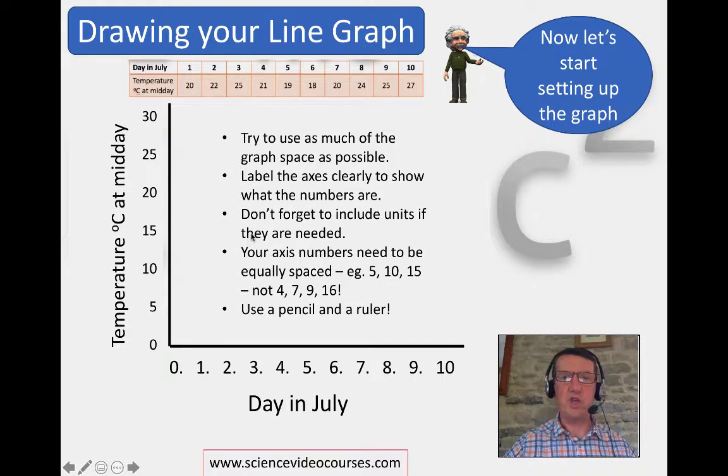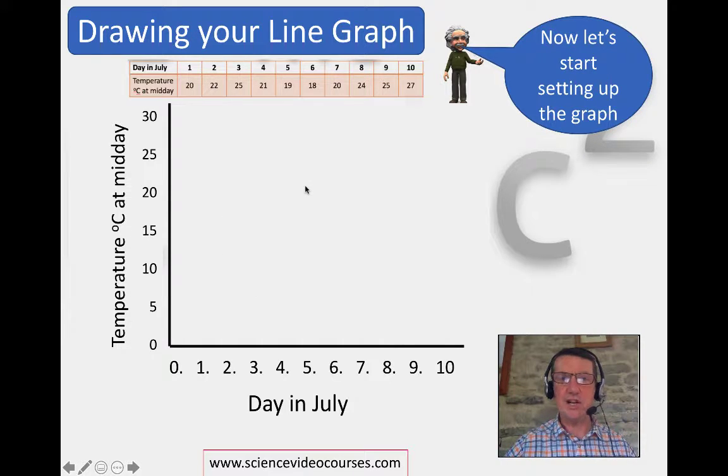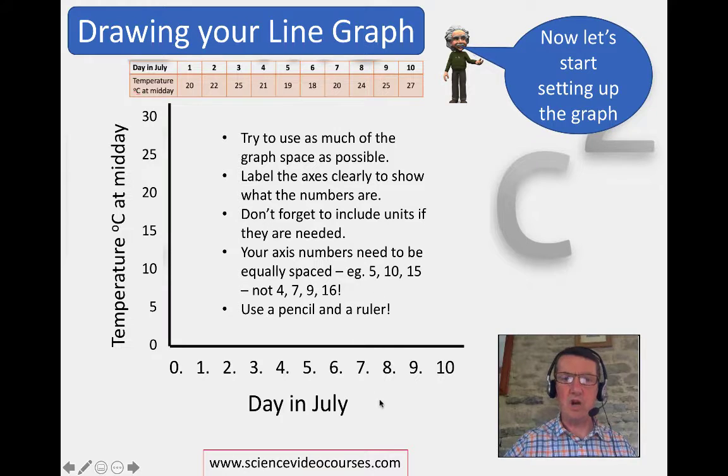Now some points. First of all, try to use as much of the graph space as possible. You should use at least half the available graph area, if not more. Label the axes clearly to show what your numbers are. Down here we've got day in July, and up here temperature in degrees Celsius at midday. Don't forget to include units if they're needed.